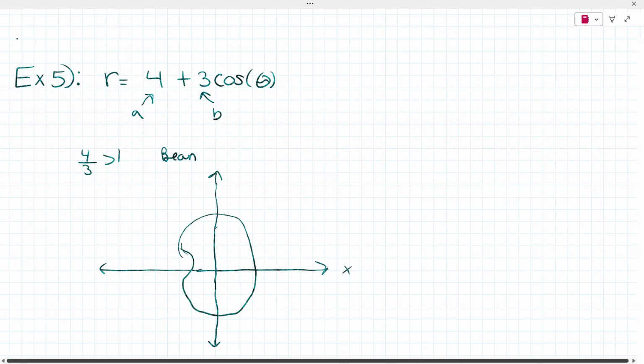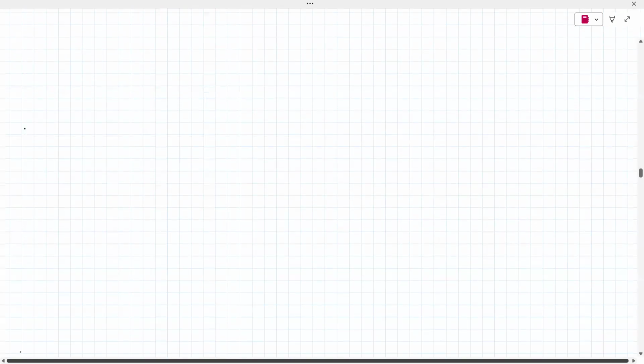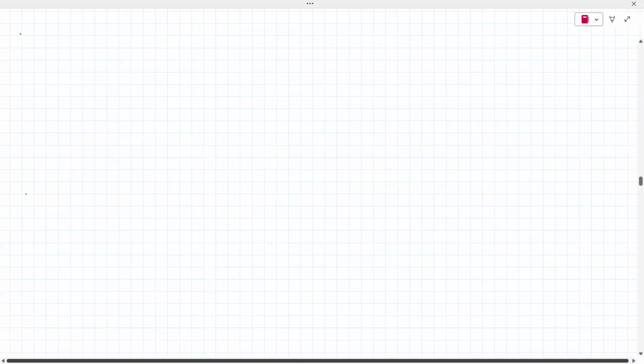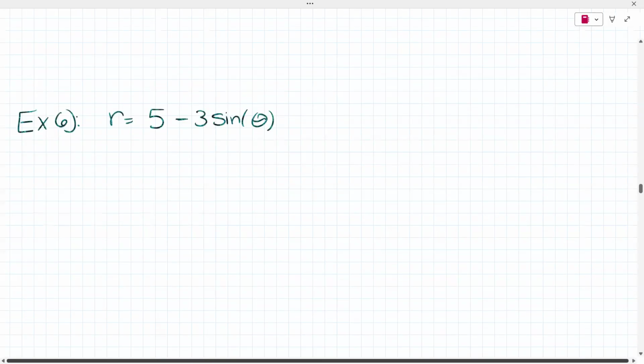Okay, it would look something like that. Now let's move on to example 6. We have r equals 5 minus 3 sine theta. So my a is 5 and my b is 3, which is greater than 1.